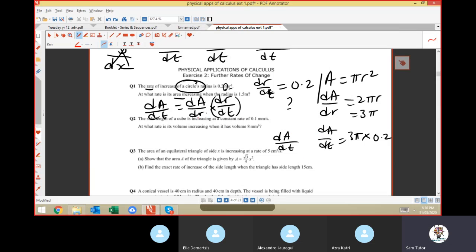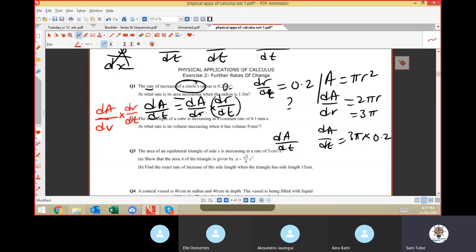And another thing is, if you had, let's say, dA on dV, because this will happen with some of the questions I've got here, dA on dV. Can you do area in terms of volume? Probably not, yeah? Do you know an equation with area in terms of volume? No, I didn't think so. So if I was to do this, dA on dV times dV on dt, they usually tell you volume in terms of time.